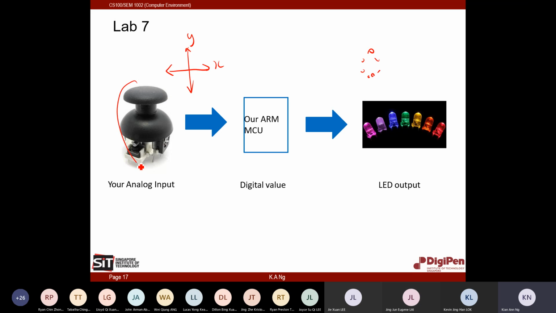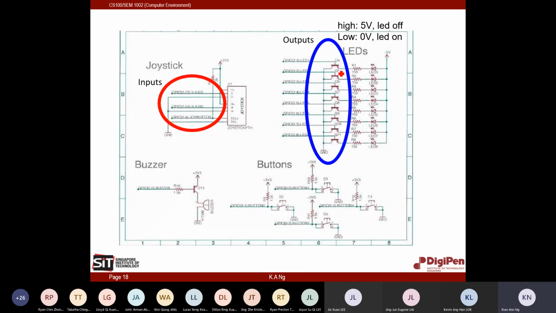So you're supposed to read the inputs for the Y axis and the X axis, and then you write your assembly code to control the LEDs based on your X and Y inputs. Okay, and remember, your LED is inverse logic. Okay, because of the PNP transistor.